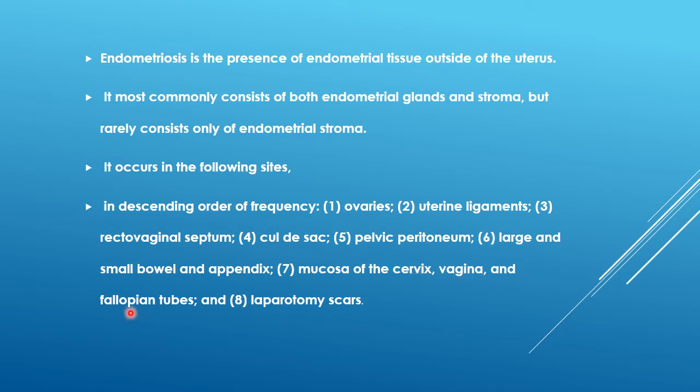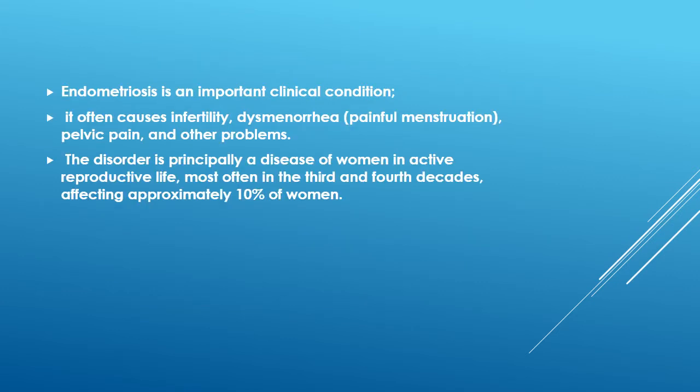You may find it in mucosa of the cervix, in vagina, fallopian tube, and in the laparotomy scars. So my dear students, these are all the sites where you may find the features of endometriosis.